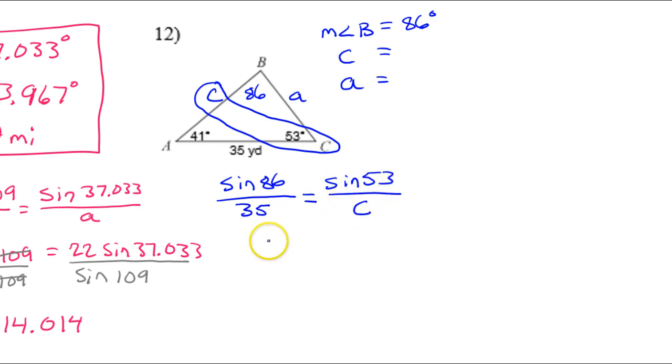So a little cross multiplying is going to give me C sine 86 is equal to 35 sine 53.